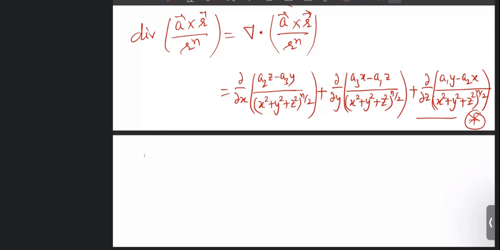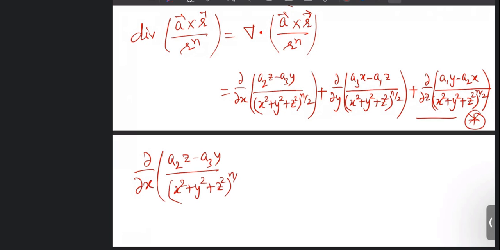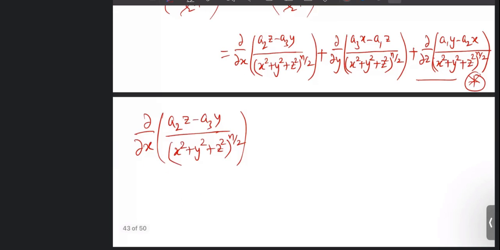First, determine the derivative with respect to x of (a2z minus a3y) times (x square plus y square plus z square) raised to the power minus n by 2. Because in the numerator we have no term involving x, only the denominator involves x.